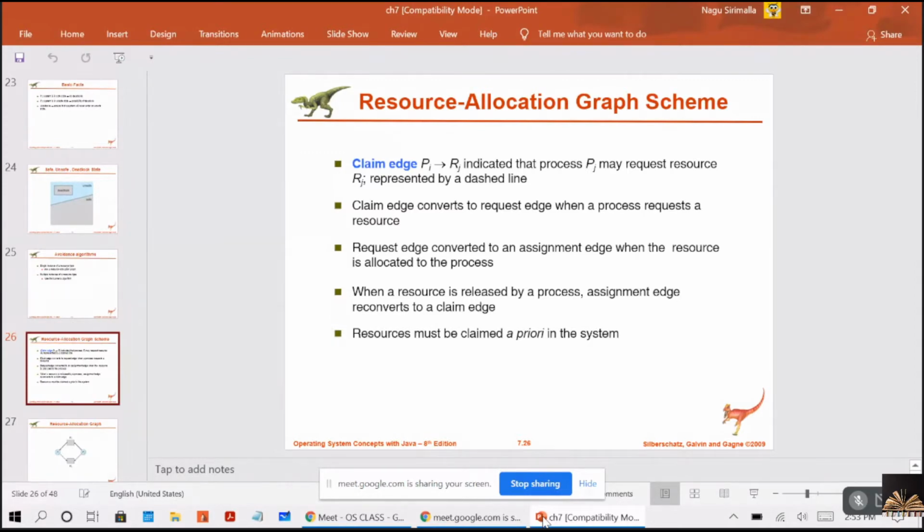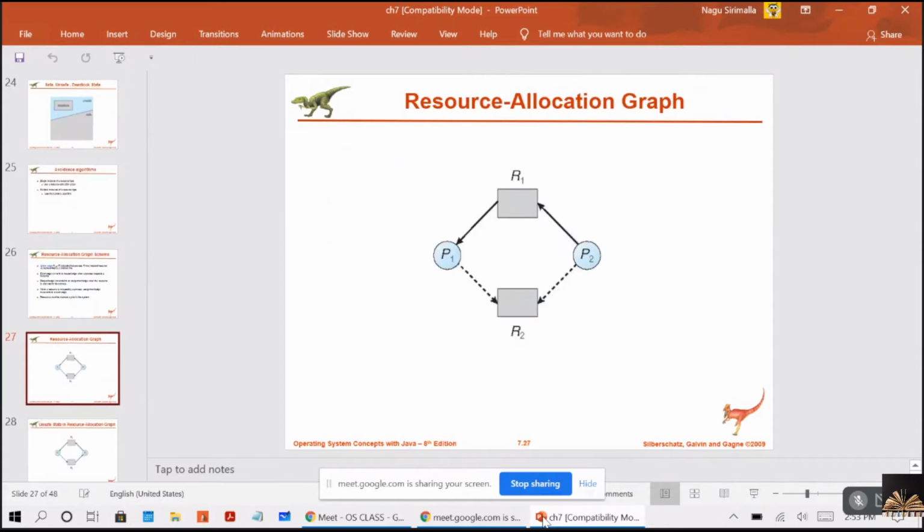So the resources must be claimed a priori in the system, that is, before PI starts execution, all its claim edges must already appear in the resource allocation graph. Suppose, take this example. Suppose PI requests resource RJ.